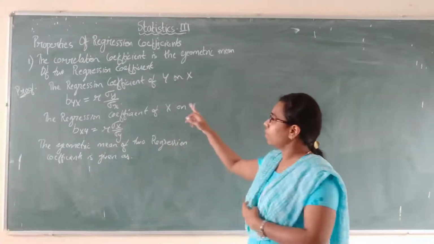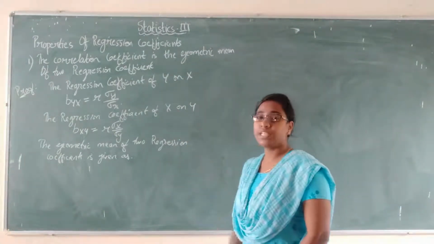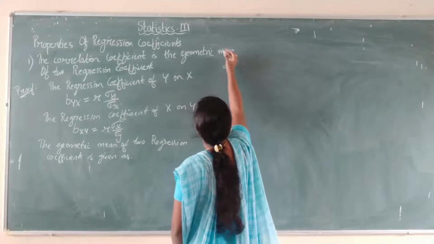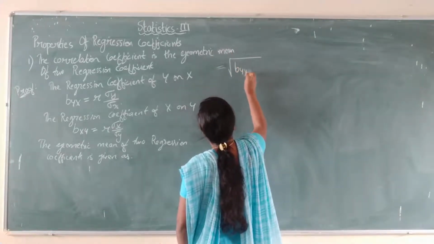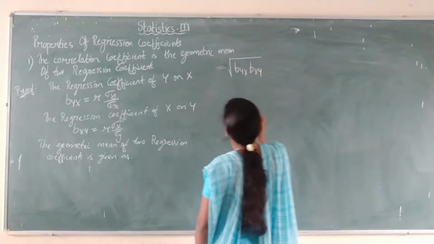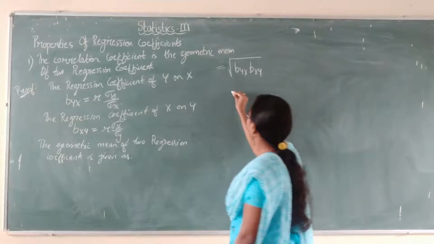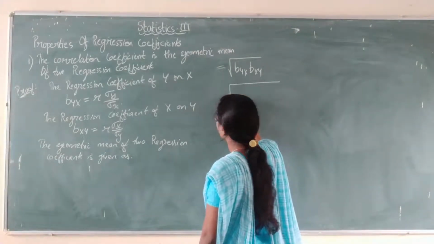So how many values do we have here? Only 2. So under root of byx into bxy. Now substitute the values of byx and bxy. You will get it as under root. What is the byx value?